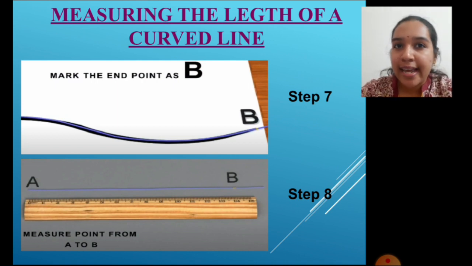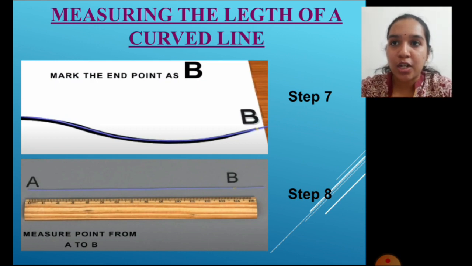Now, the length between the knot at point A on the thread to the marking at point B on the thread should be measured on the ruler scale.